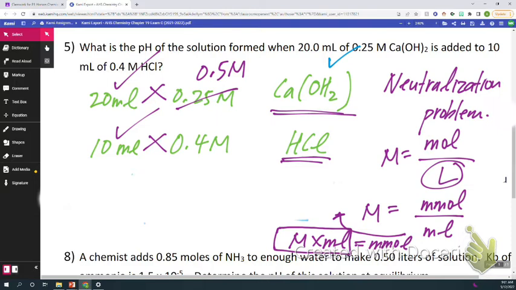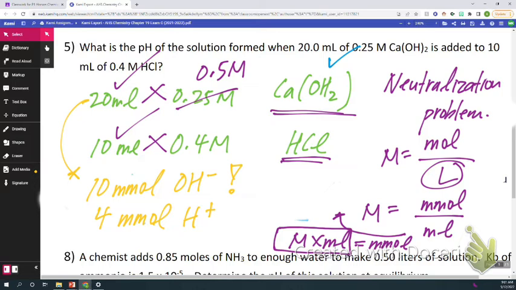All right, so 20 times 0.5. The first one here, 10 millimoles. This is OH minus. The second one, 10 times 0.4, 4 millimoles of H plus.